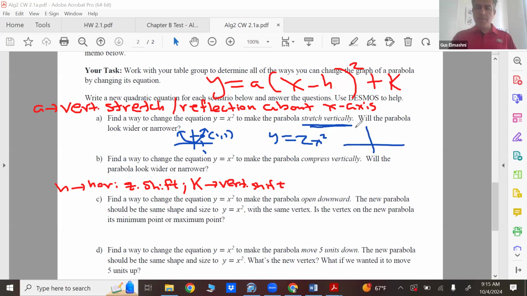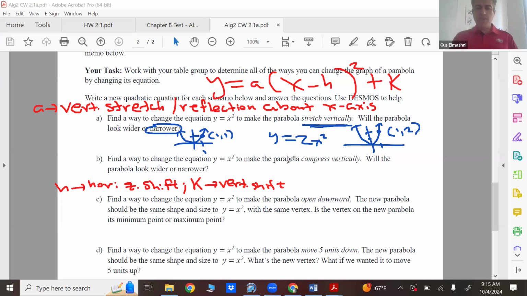Where does that dot go now? The dot at (1, 1) now becomes what? (1, 2). Exactly. So it will look narrower as a result.